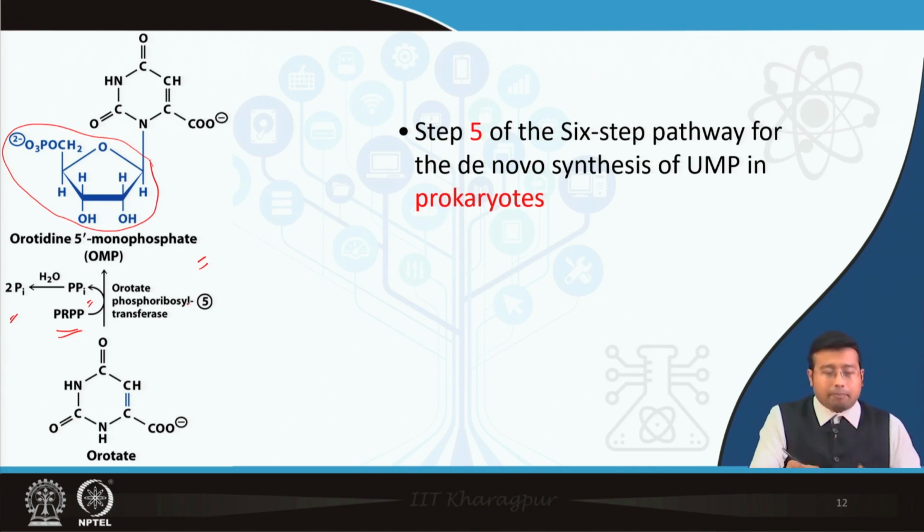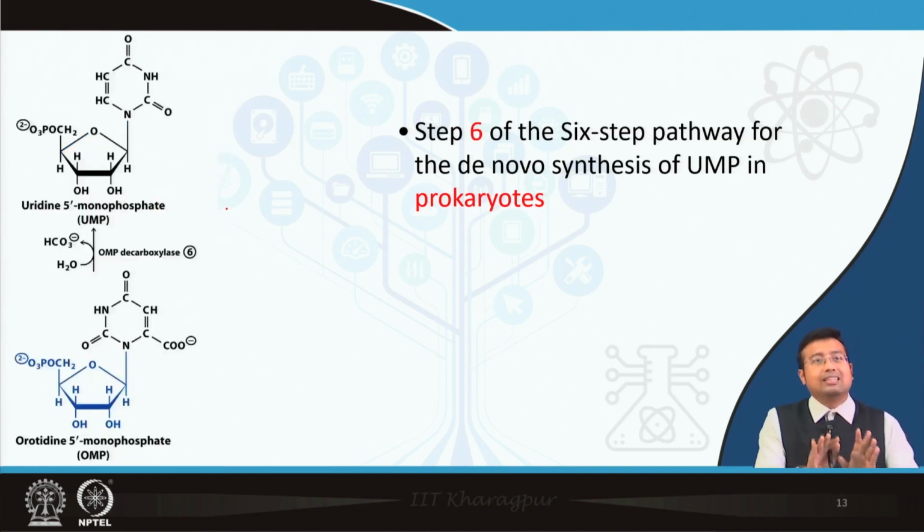Next, what happened? We got OMP, orotidine monophosphate, which means we got a ring and a phosphate group, so what else is left? The main thing is OMP is not a familiar pyrimidine. So what are the familiar pyrimidines? Cytidine, uridine and thymidine. Our main goal is that this pathway can only stop if we achieve any one of those three.